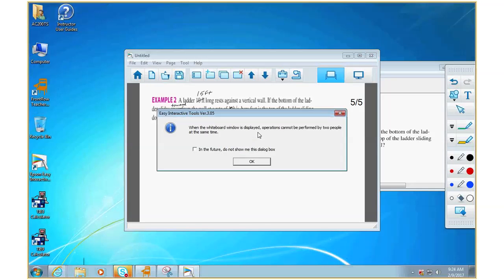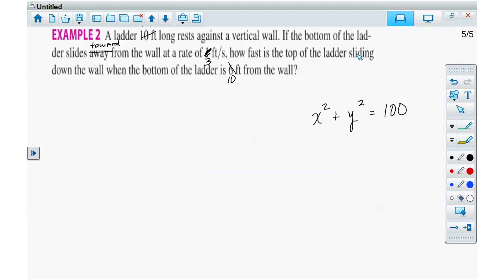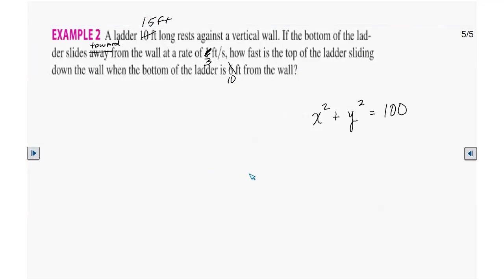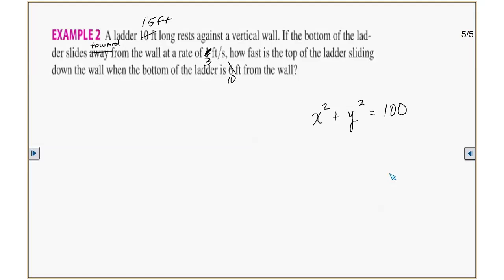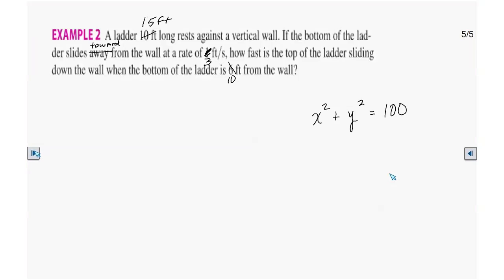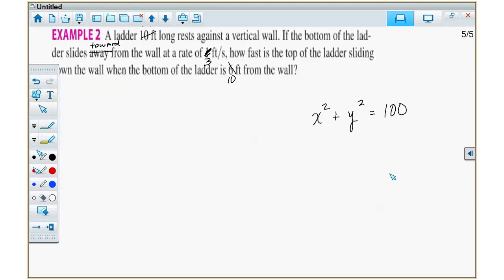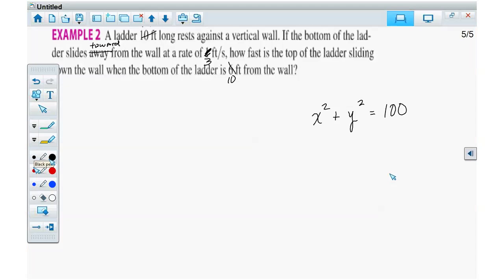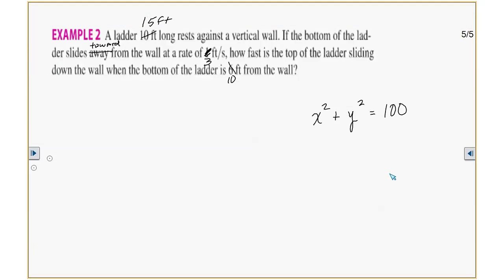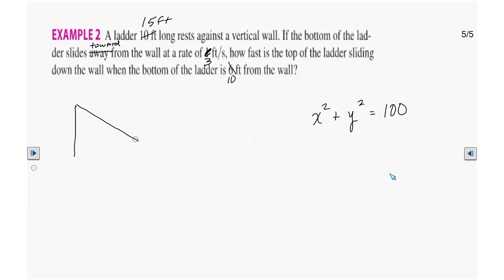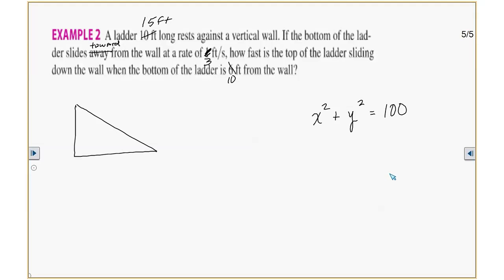Okay. All right. So first of all, again, we draw a triangle. And this is a ladder, 15 feet.